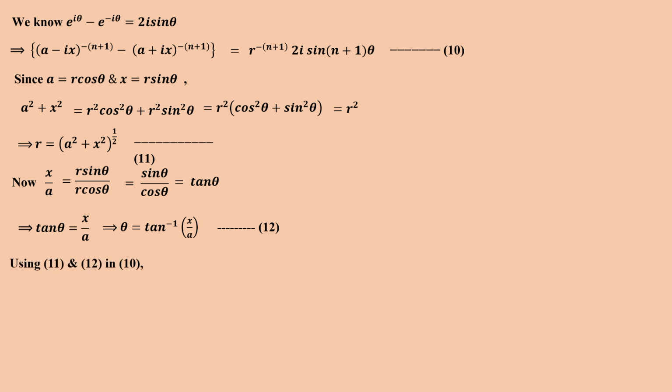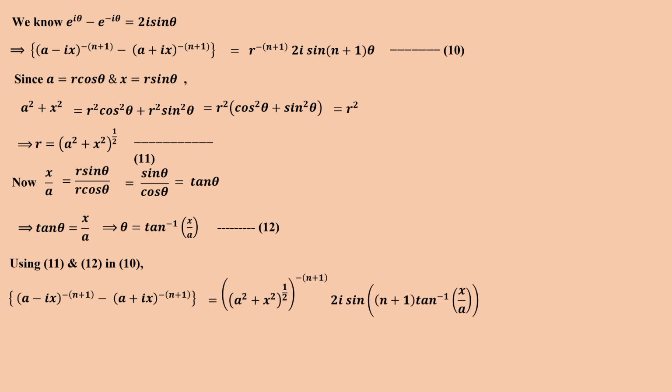So using 11 and 12 in 10, we get (a - ix)^(-(n+1)) - (a + ix)^(-(n+1)) equal to, instead of r we put (a² + x²)^(1/2), whole power -(n+1), and 2i sin((n+1) θ), instead of θ, tan⁻¹(x/a). That is equation number 13.